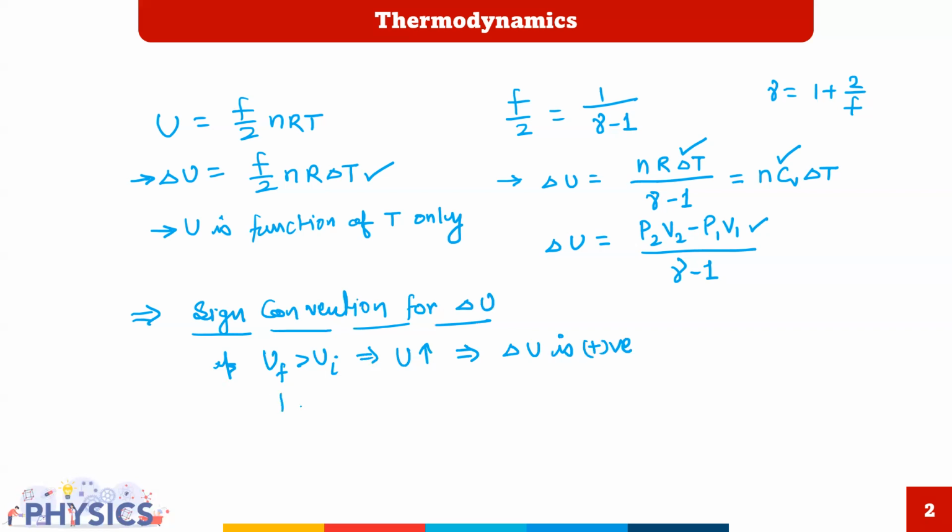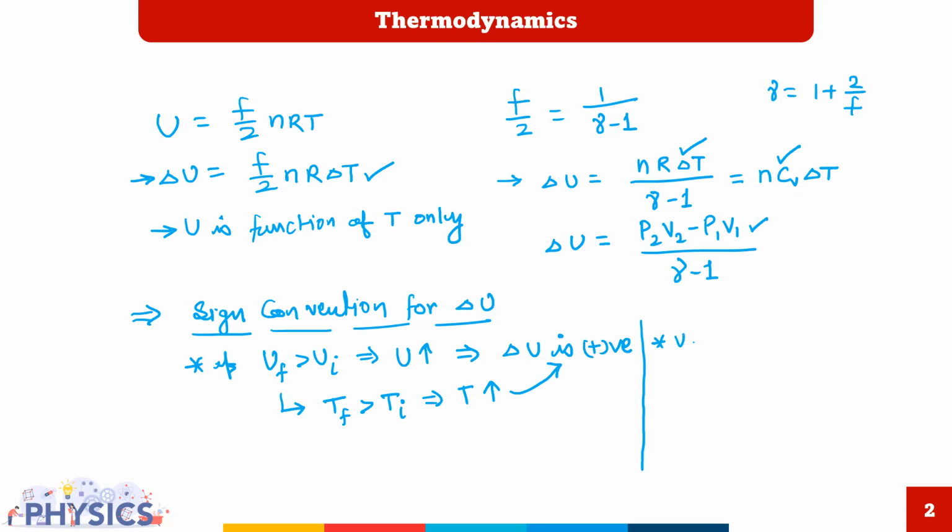This happens when the final temperature is more than the initial temperature. So if the temperature of the gas is increasing in a thermodynamic process, then delta U is positive, which means final internal energy will be more than initial energy.